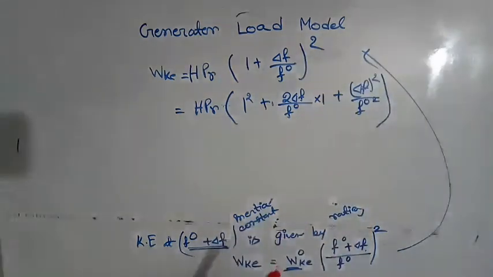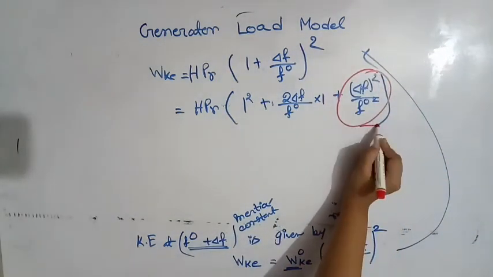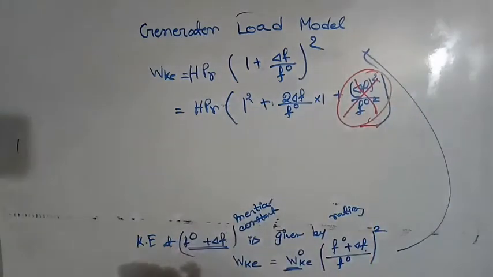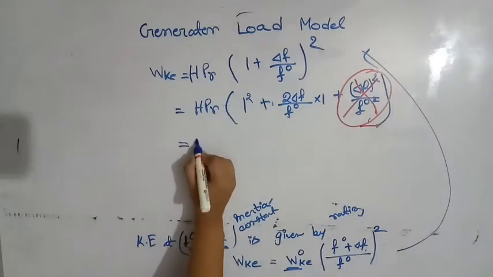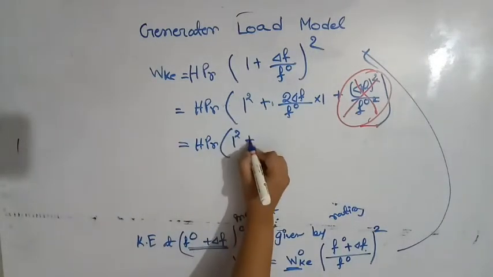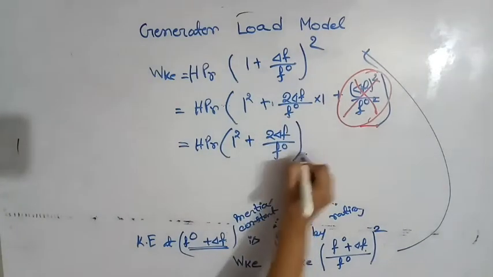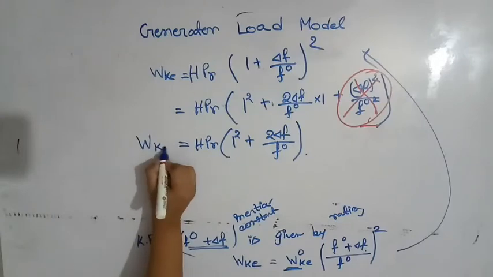This last term is so small that we can neglect it. So we can write WKE equals HPR into 1 plus 2 delta F by F0.